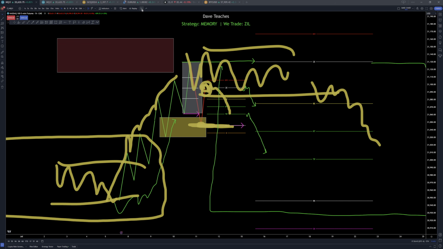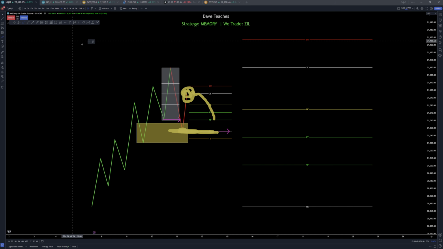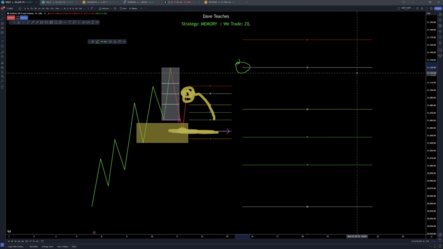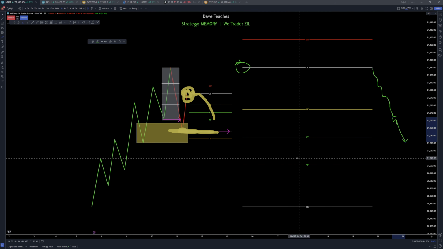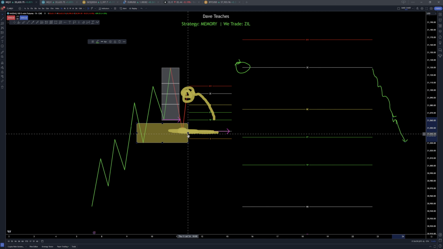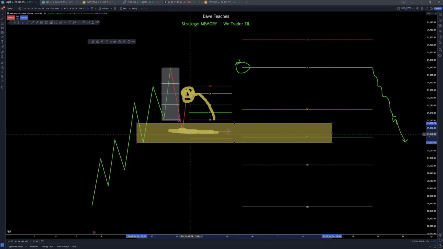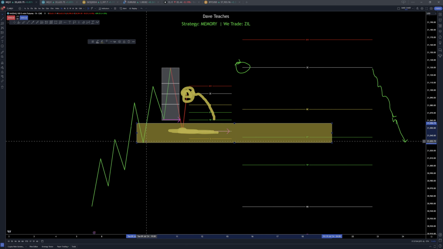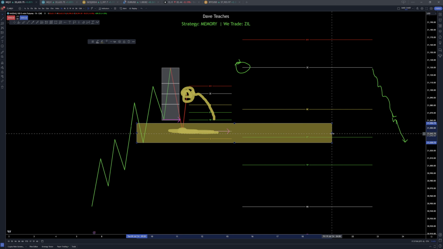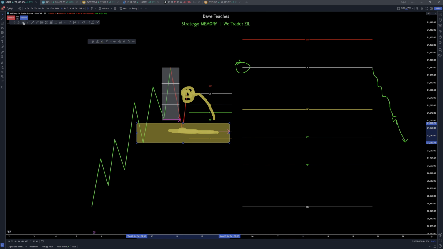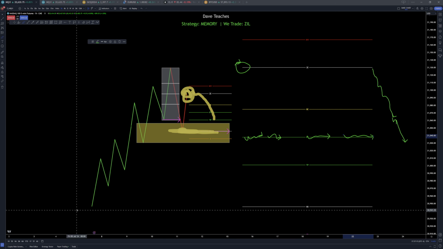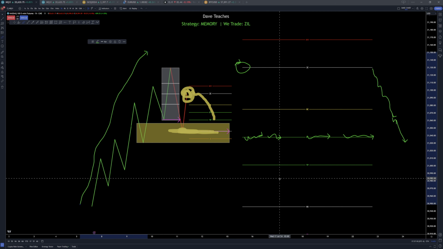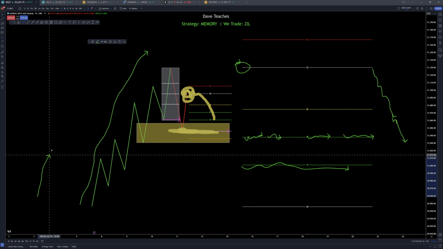But if it does not, what we would do is we would use this outer impulse to be sort of the compass for us, that when price does indeed get back to this low, and run this low and take this previous low and take the zone there, our outer impulse, the larger zone, is telling us that we've reached about 50% of the impulse up, or about 70% of the impulse up.